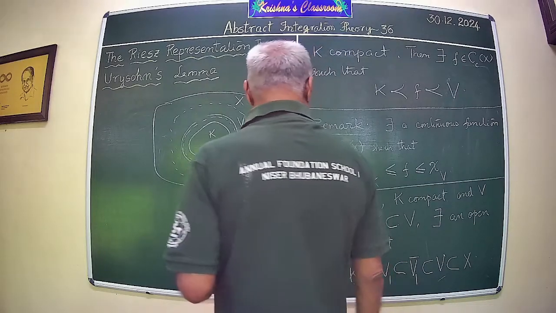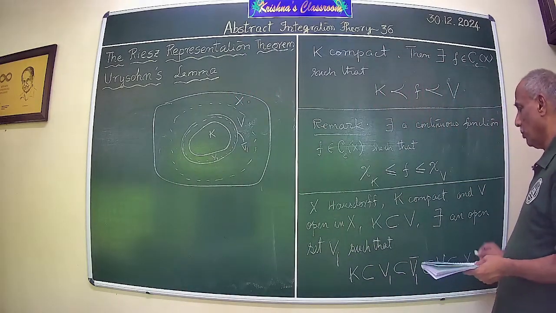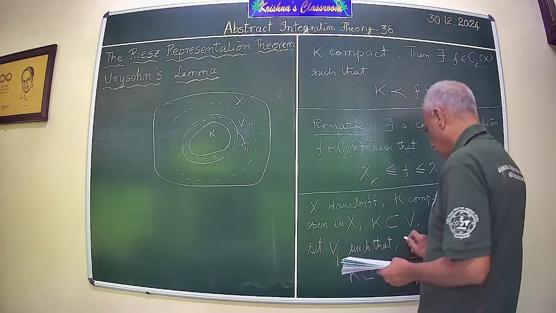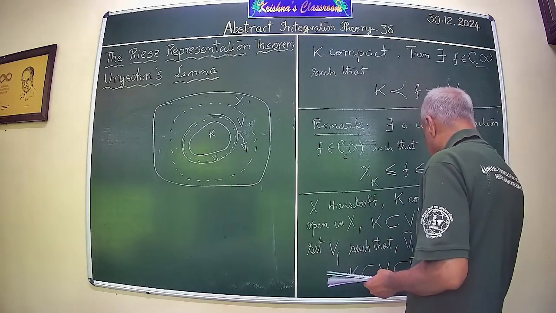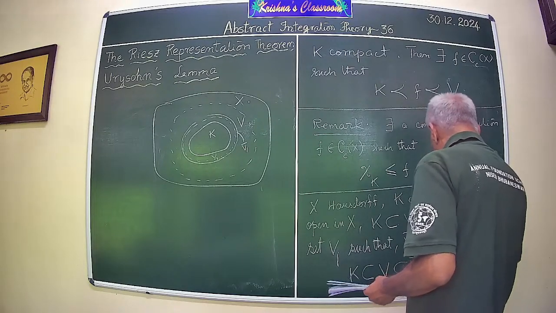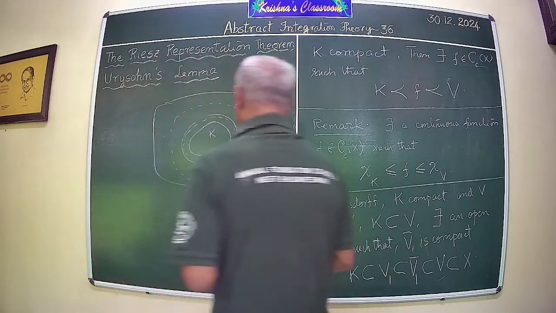So you see what the result says is that there exists an open set V1 such that V1 closure is compact. Okay, V1 closure is a compact set.